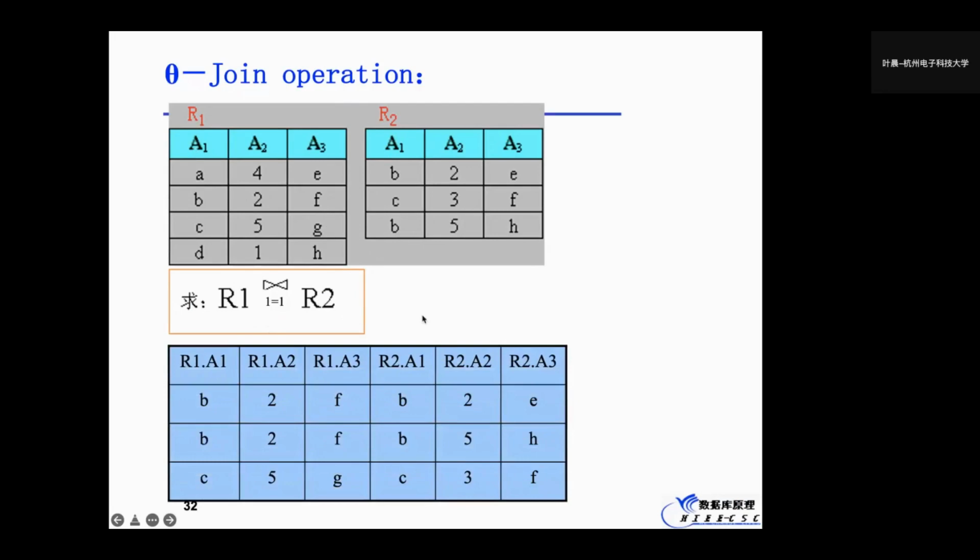So we can see the R1.A1 value in each tuple is equal to R2.A1. So that means you first make a Cartesian product and then select the tuples that satisfy the theta condition.